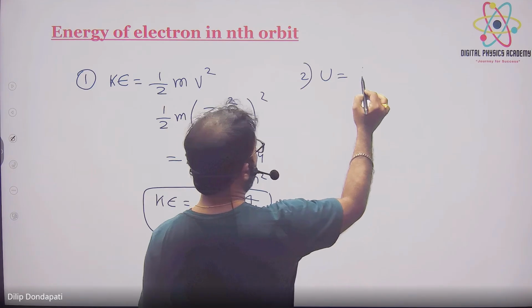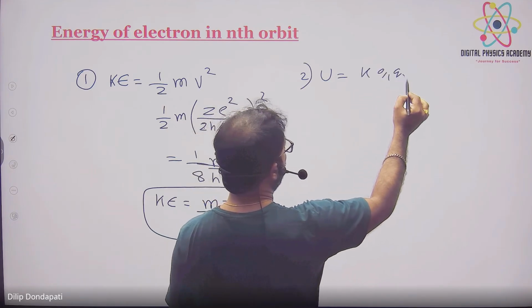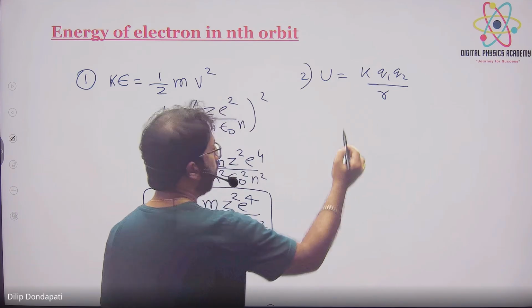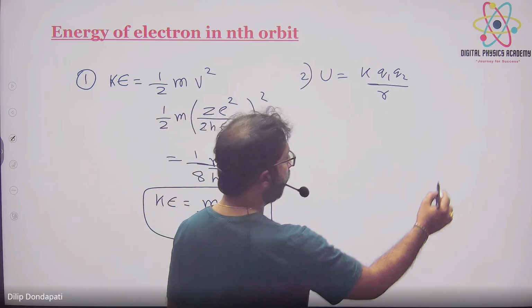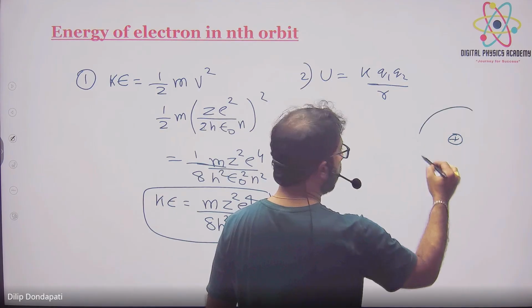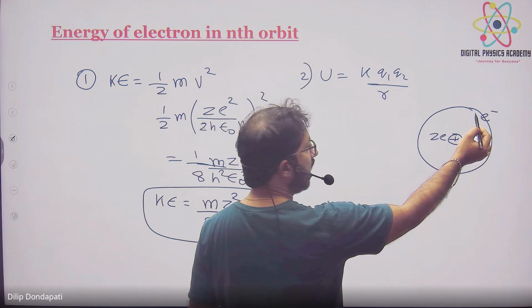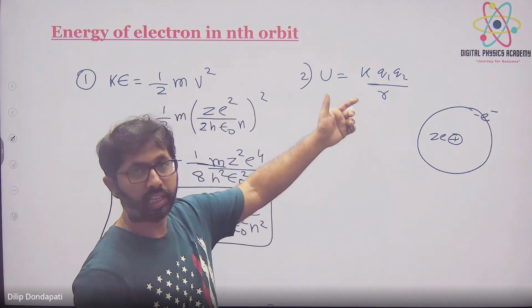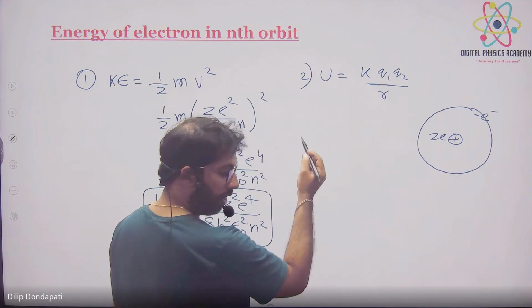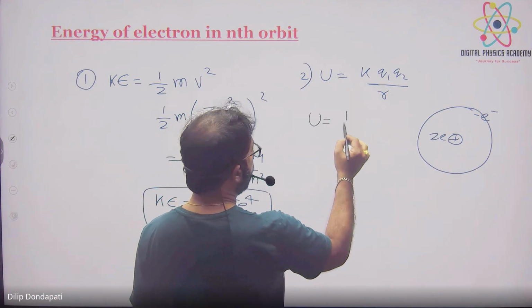Potential energy is K Q1 Q2 by r. Okay. And the charge, you know, right? इसमें the nucleus and electron is revolving around the nucleus, right? This is Ze and this is e and negative charge, you know, because it is a scalar quantity put with charge. So कितना होगा? U is equal to K is 1 by 4 pi epsilon.